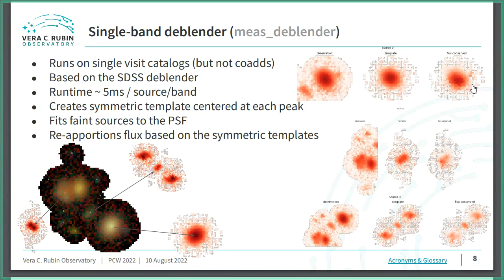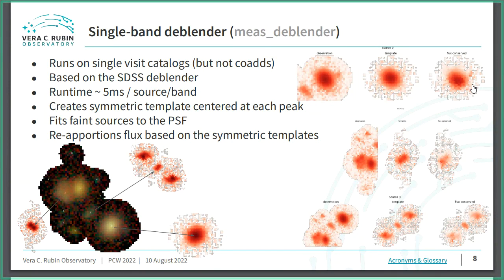This is based on the algorithm that was used in the Sloan deblender. Basically, it looks at the position of one of the peaks that, as James mentioned, they find, and then looks at pixels on opposite sides of that. If you imagine putting the origin at the peak, you look at each pixel at x, y, and then minus x, minus y, and take the minimum of those two pixels to make a template.